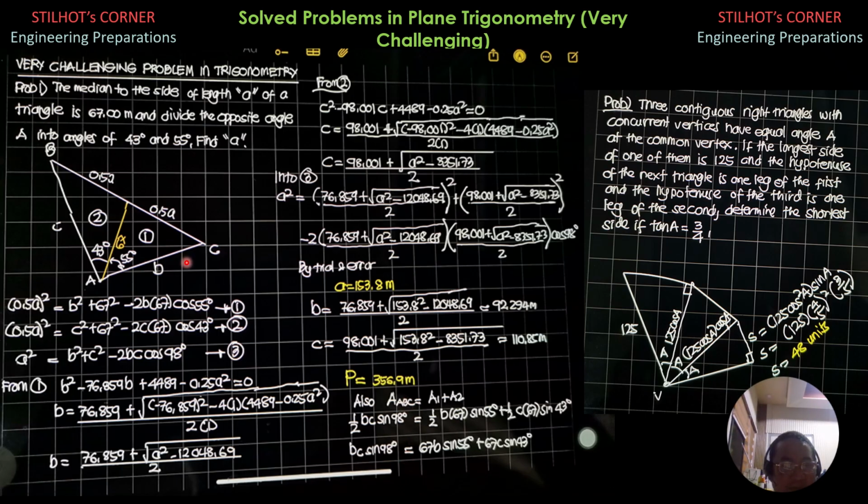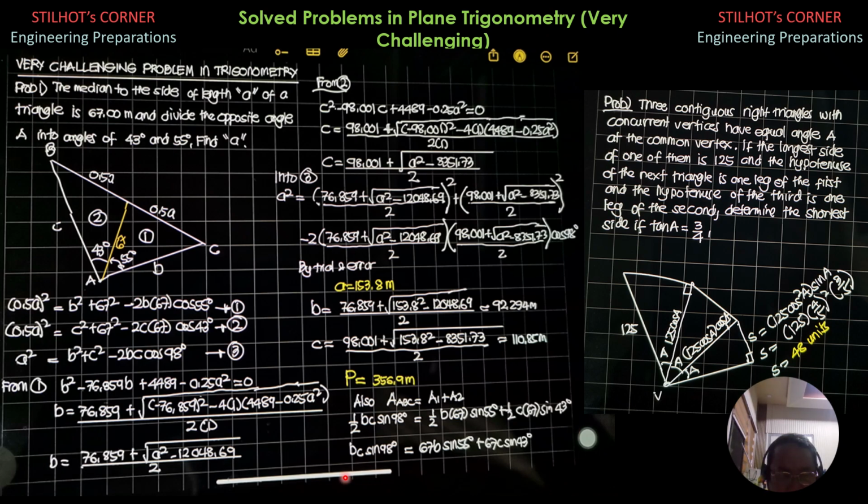Also, the area of the entire triangle is 1/2 product of adjacent sides, BC, sine of 98 degrees, and it is equal to the area of triangle 1, which is 1/2 times 1/2 B times 67 sine 55, plus the area of triangle 2, 1/2 times 67 times C sine of 43.